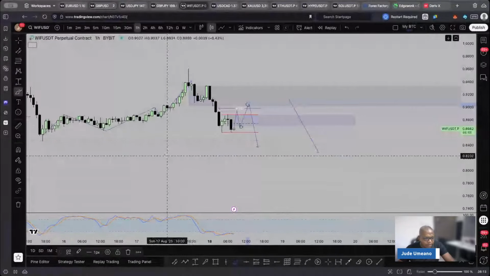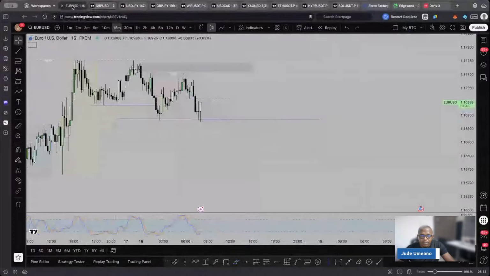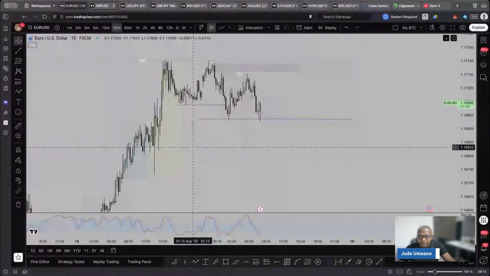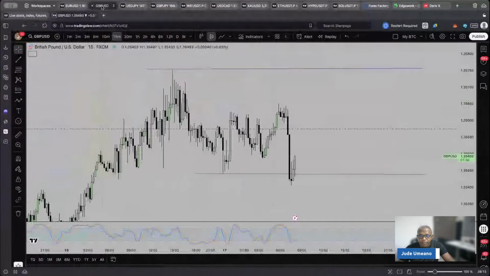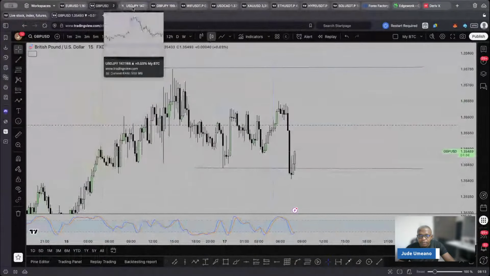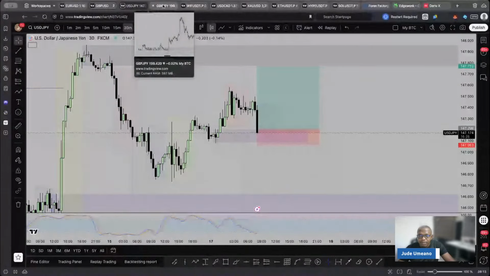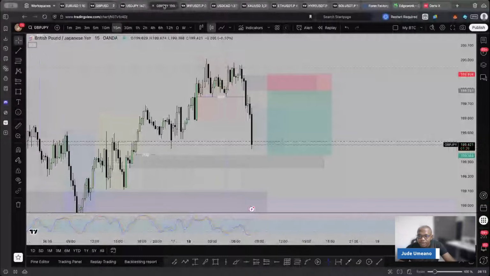So today we have done analysis on EUR/USD. We have a sweep here. GBP/USD, USD/JPY. Okay, well, I'm tapping into that zone right now. GJ is strong.